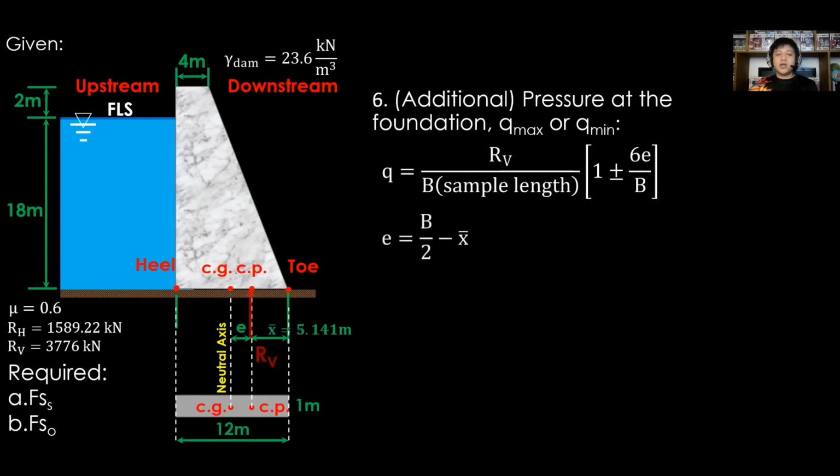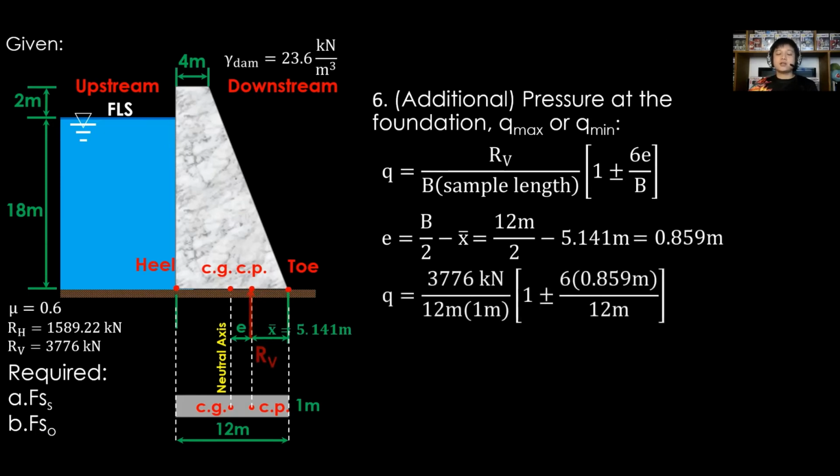Solve for E, wherein E is equal to B all over 2 minus X bar. Substitute B as 12 meters and X bar as 5.141 meters. Therefore, E is equal to 0.859 meter. Substitute in equation the values of RV, B, unit length, and E. Consider the addition or plus operation.